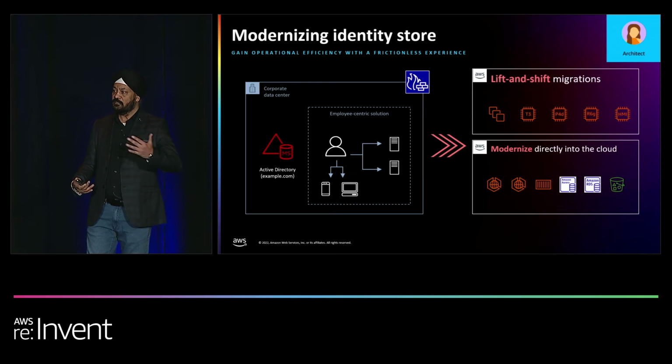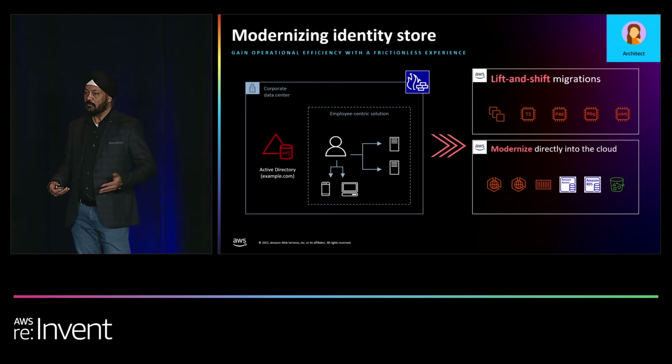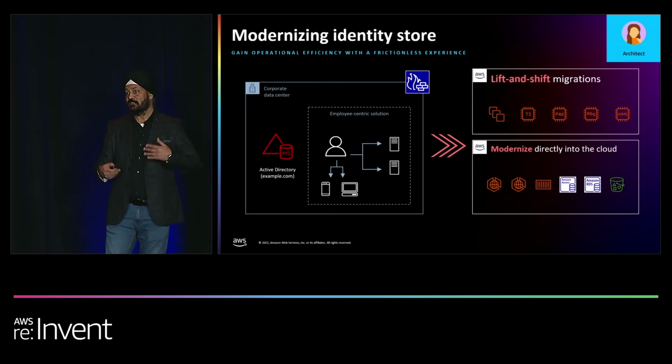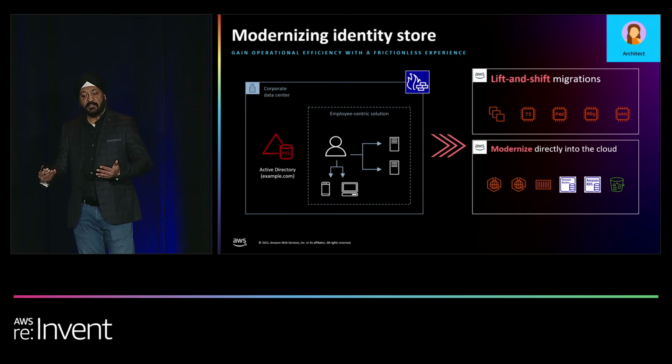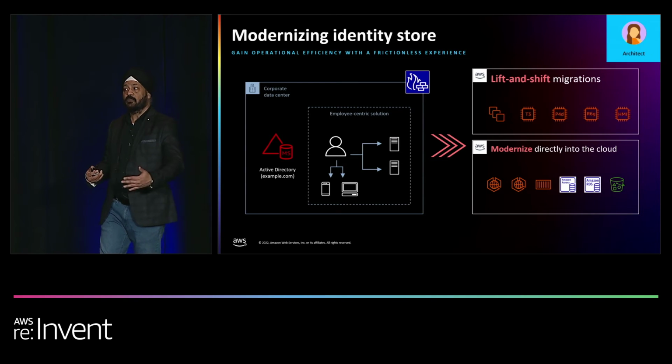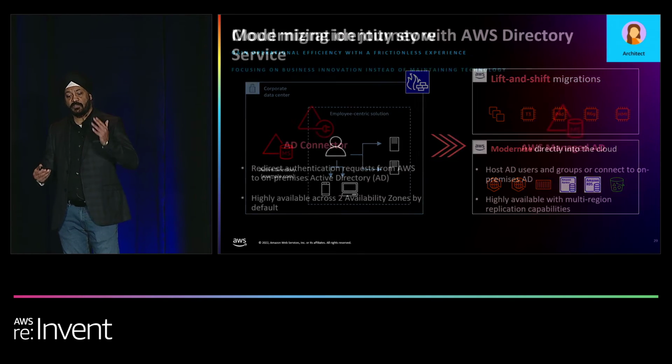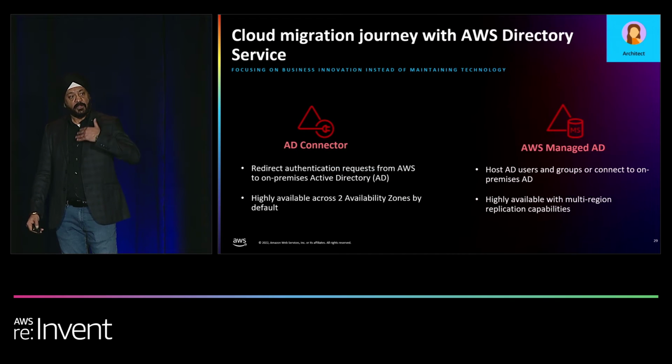They are still on a journey to modernize their IAM and modern cloud directories, but they are still dependent on Active Directory. However, they want to modernize it. They want to do much more accelerated and innovative solutions there. So what does AWS have to provide to accelerate their journey on their identity store?